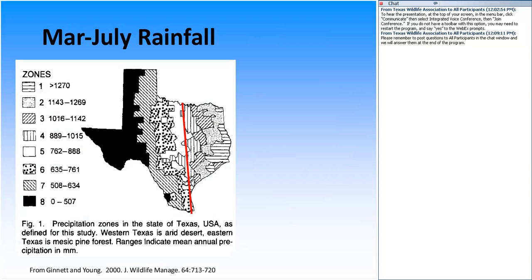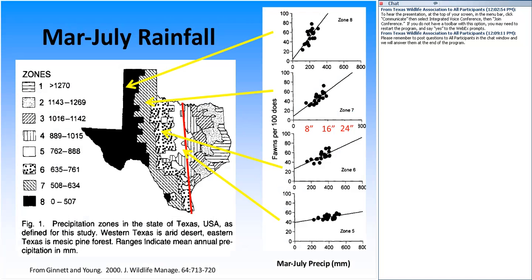And if we look at the 4 zones that are west of that red line, got zone 8 out in West Texas, and that's the all black zone there. There's kind of a hashed one just a little bit to the east of it. That's zone 7. And then you can see the other 2 zones there in the colors that they have. Over on the right side of the graph here, we've got a relationship between rainfall in March through July.